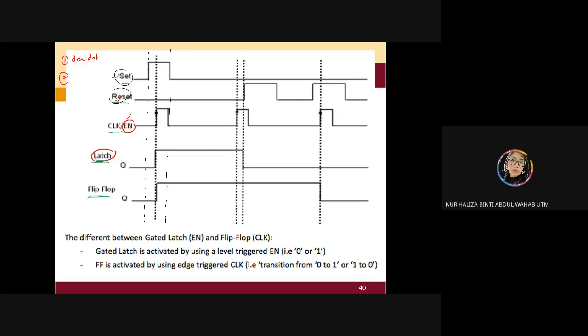Oh, suddenly there is a change at this side from 0 to 1. Okay, done. From 1 it changes here to 0. And then I have from 0 to 1. And another one is from 1 to 0. I'm done with my reset.